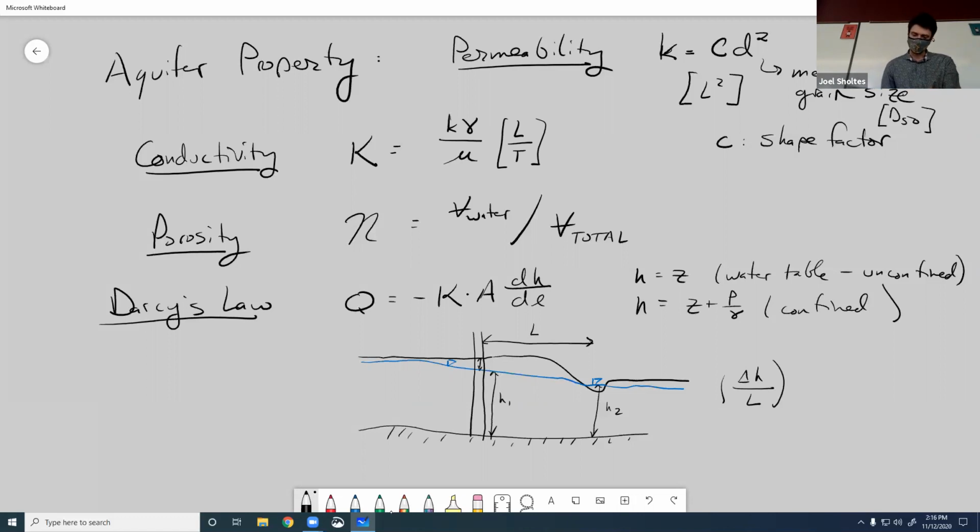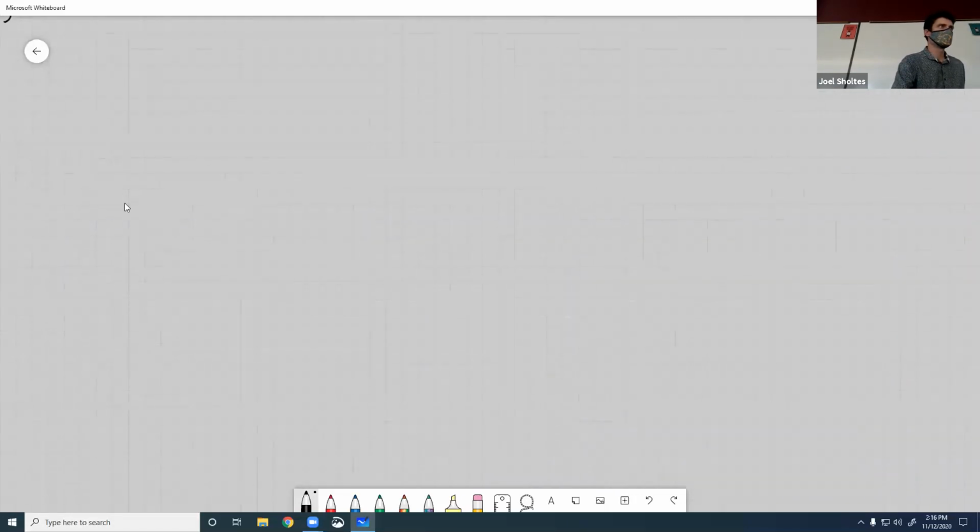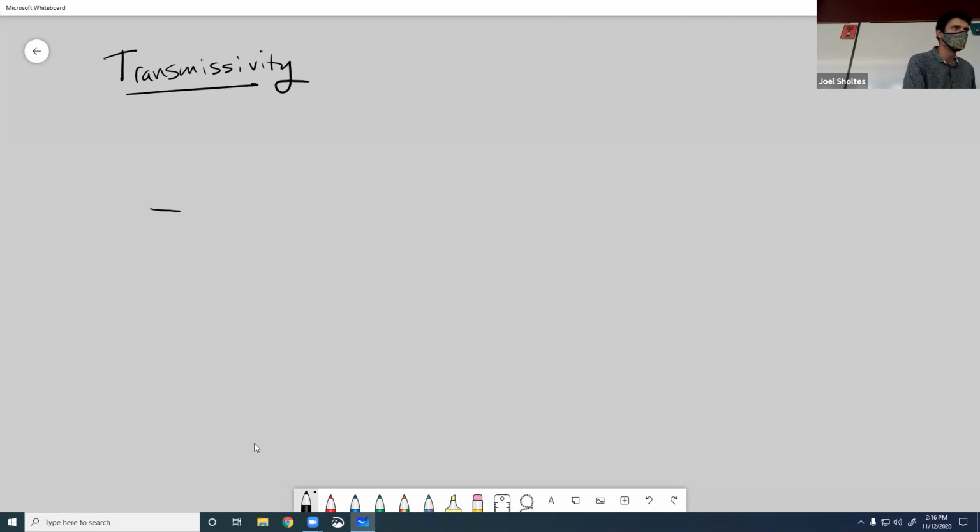Okay, so let's talk about transmissivity, and we'll do an example calculation. All right, so let's talk first, let's look at a little slice of an aquifer. This is kind of like a piece of cake right here.